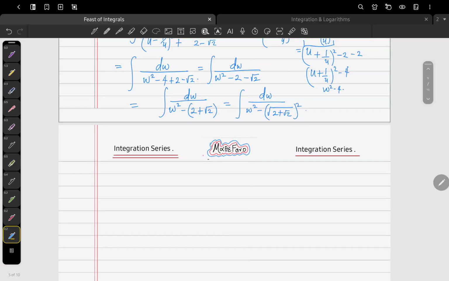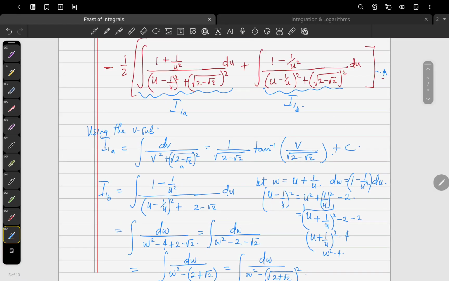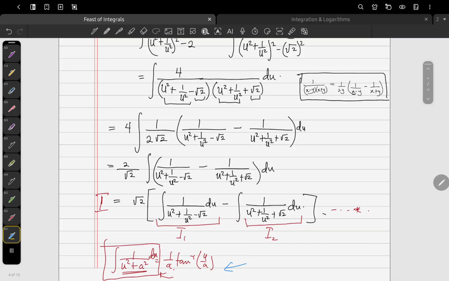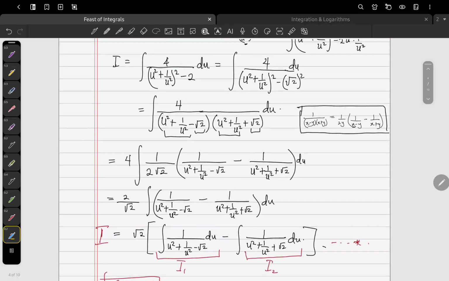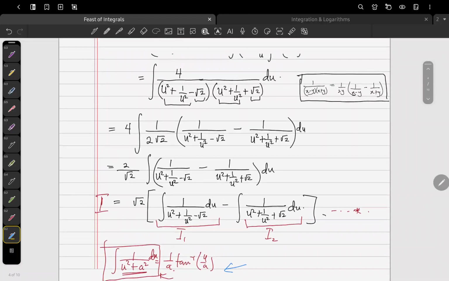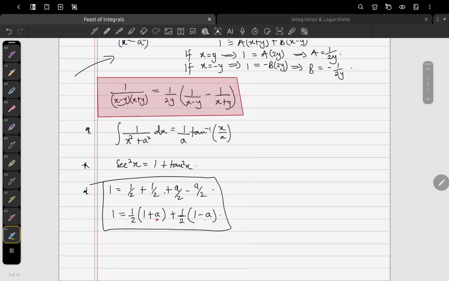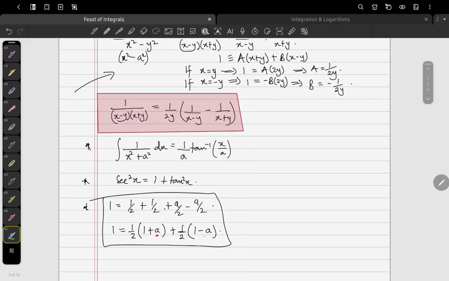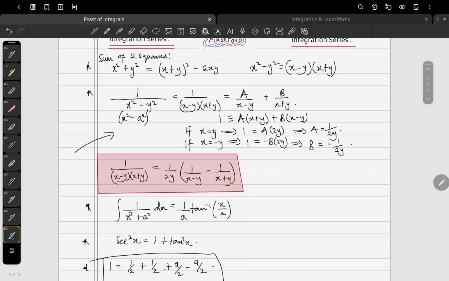That brings us back to this guy. Oh, we did not state what the integral is. So anytime you have, okay, let's do it here.